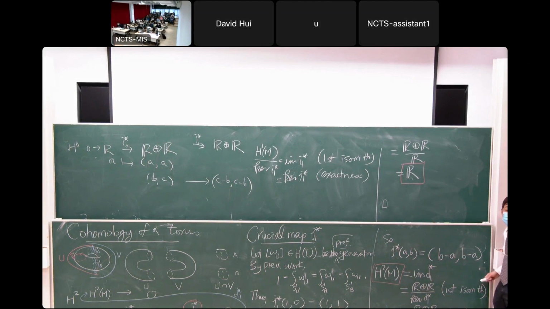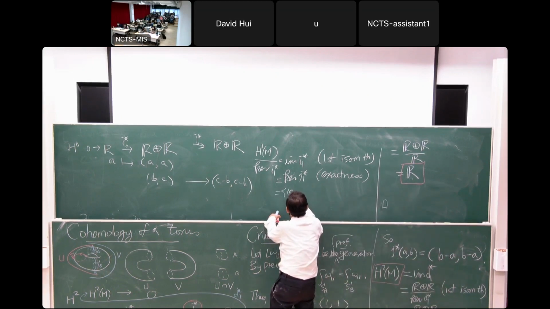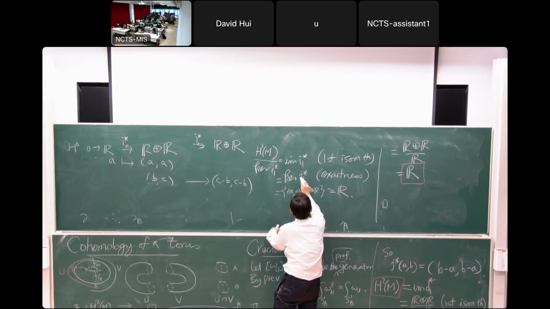It's the diagonal again, because it's when B is equal to A, right? So the kernel is the set of AA. That's the diagonal, so it's R. That's the kernel of J1 star.